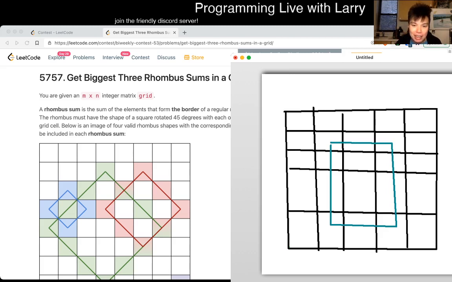So basically, this is just a prefix area. If you want to calculate the sum of this perimeter, it is just equal to the prefix sum of this, minus the prefix sum of this, minus the prefix sum of this, plus the prefix sum of this.